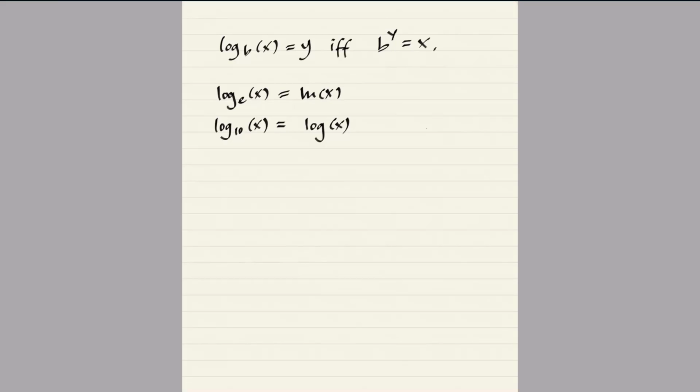Likewise, for log base 10, the so-called common log, we don't typically write that with the base. We write it as simply log of x. And so it's helpful to remember what the base is, because if you see ln of x, it's not obvious unless you know that the base is e. Likewise, if you just see log of x, it's not obvious unless you understand, hey, that's a common log, base 10.